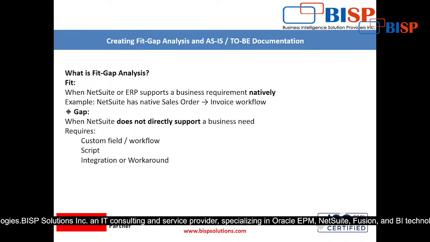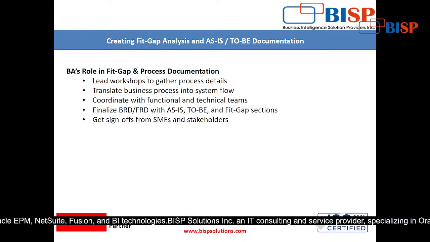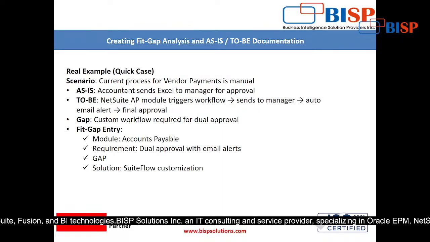So here you will see one more thing is there. You have to manage the scope, budget, and risk here. Why is this document created? To manage the scope and budget. Okay, and here you will see finalize, coordination, translation, business lead workshops.